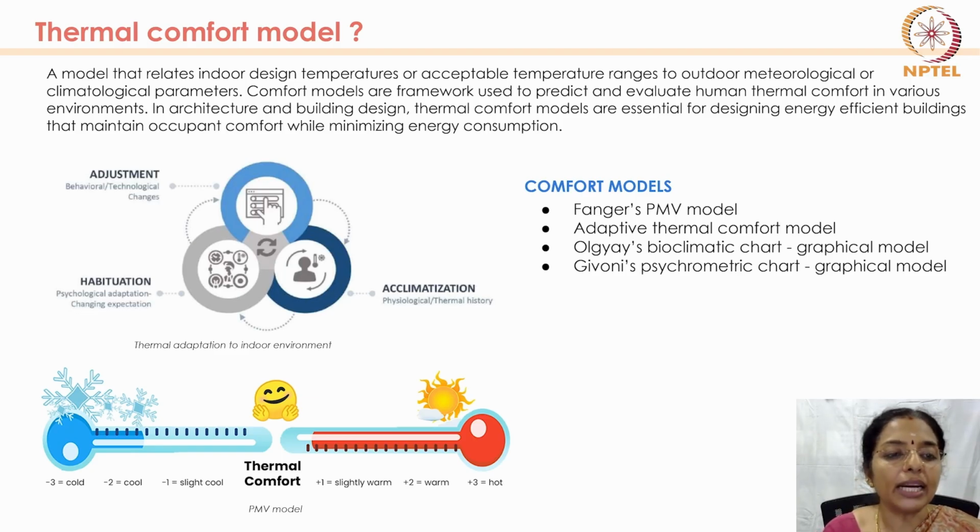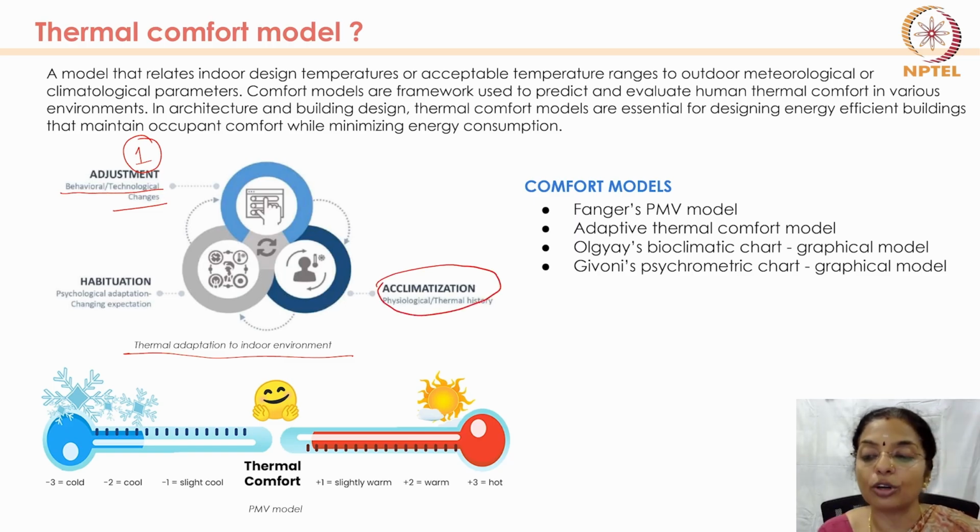Now, thermal adaptation to indoor environment happens in 3 ways. First is adjustment, which is behavioral or technological changes. So you need to adjust to a particular setting. Second is acclimatization, which is physiological and which is based on a thermal history. What do you mean by thermal history?